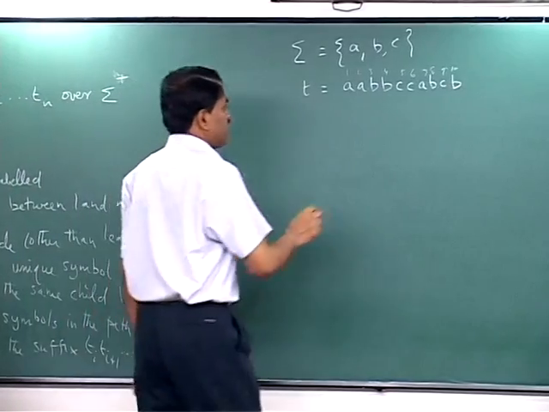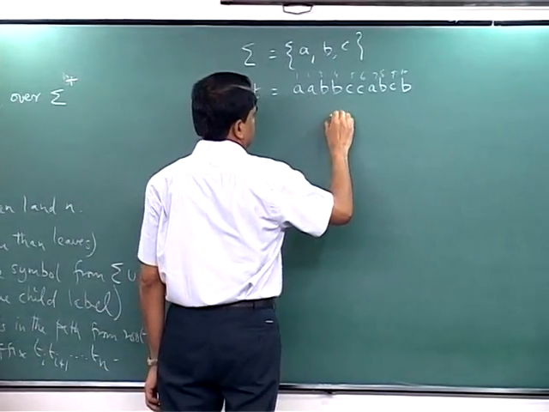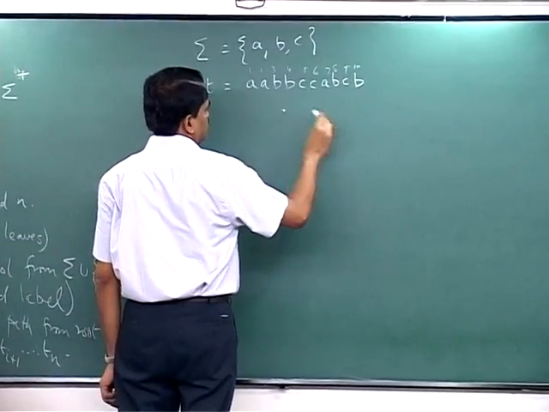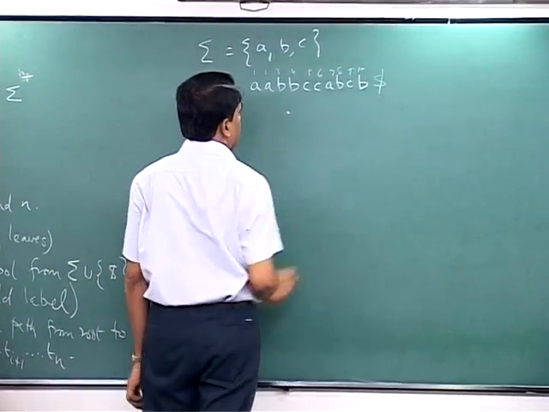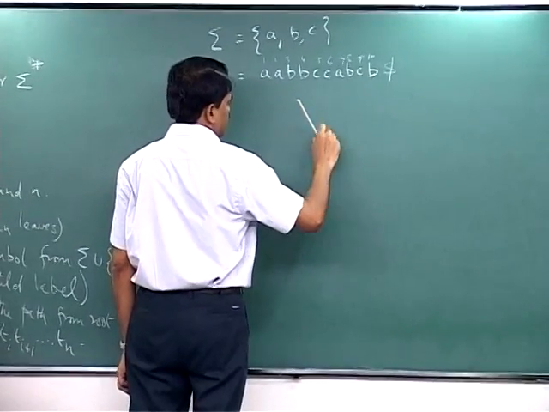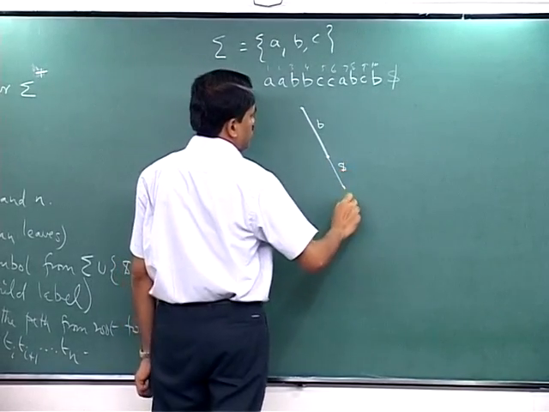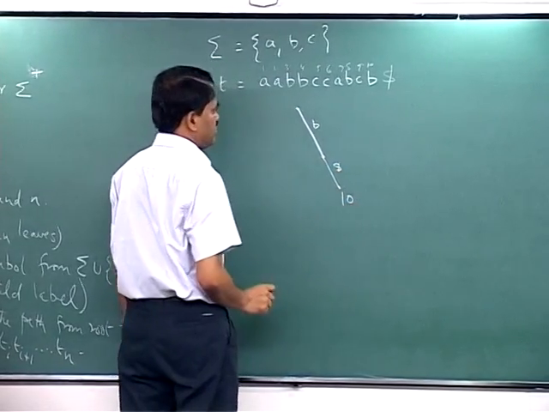Then the suffix tree looks like this. So we will add a dummy symbol dollar at the end. So, it says B dollar with label 10.